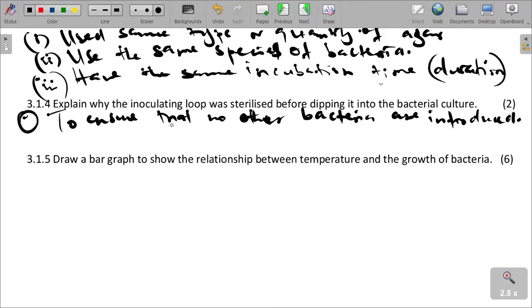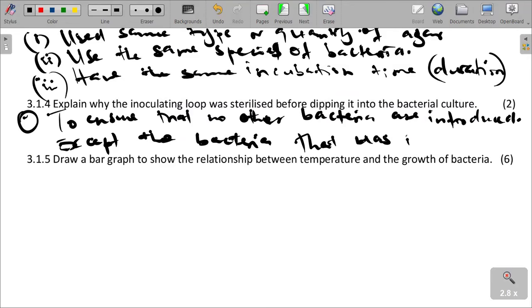So we are saying to ensure that no other bacteria are introduced, except the bacteria that was introduced.